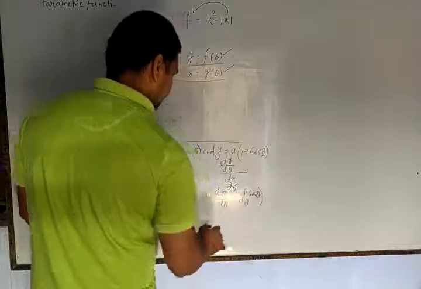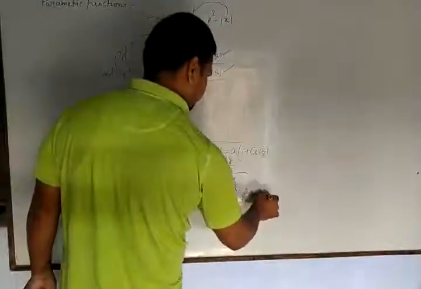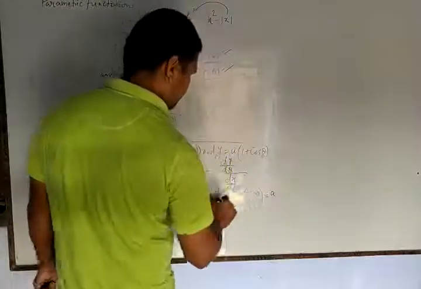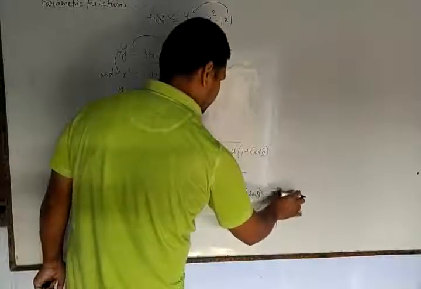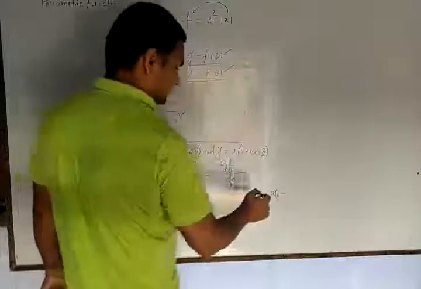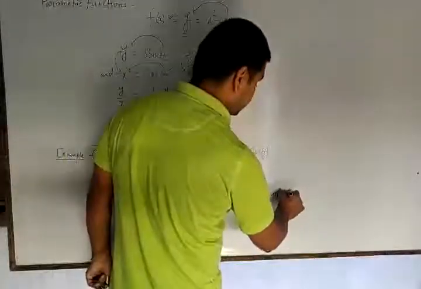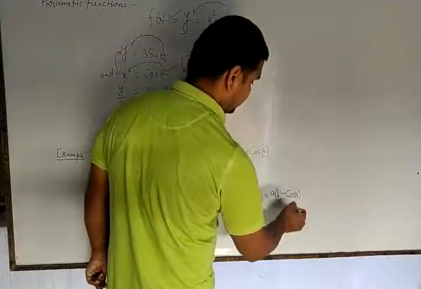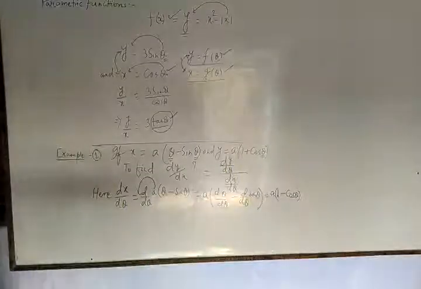That will give you a times, this will be 1, minus sin theta differentiation is cos theta.